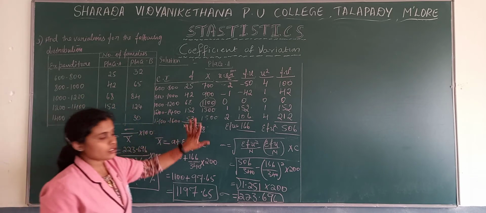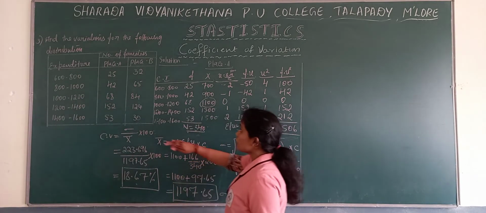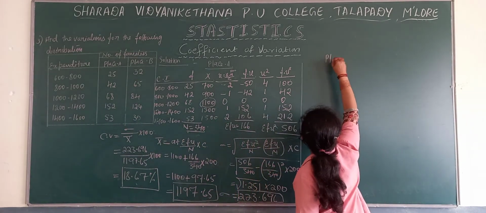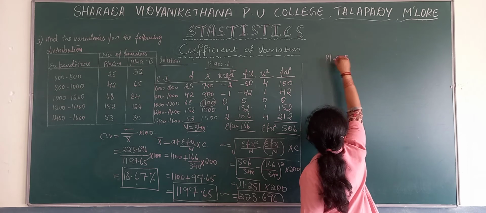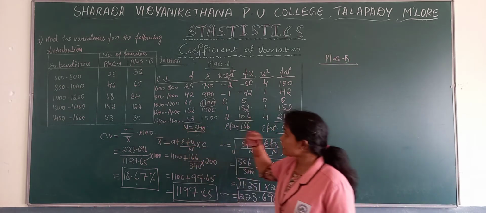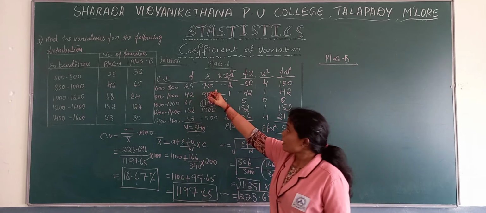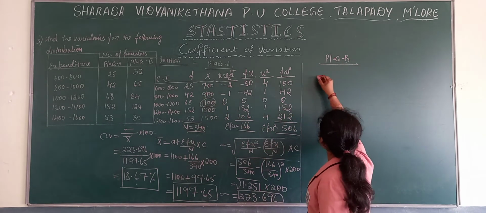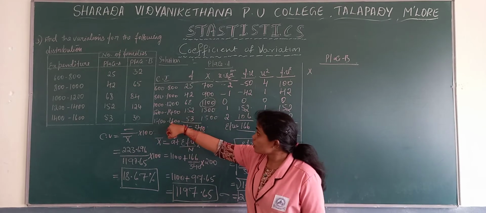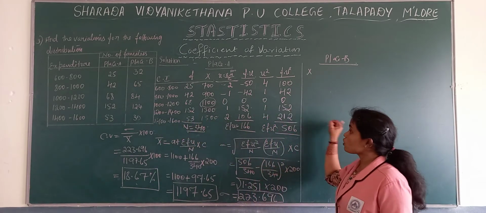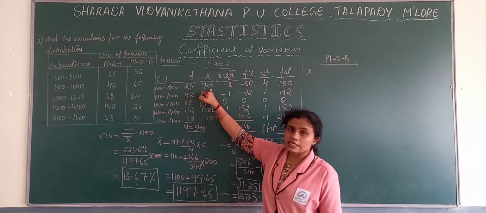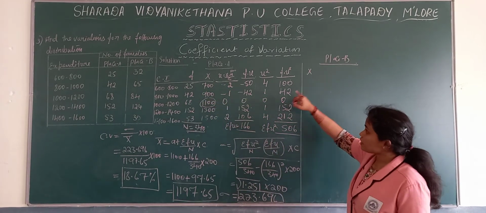Now the same kind of calculation you have to do with place B. Now take place B. No need to take class intervals once again, we have taken them. So we'll start from the X series. In your examination you have to take class intervals as well as frequencies in both tables. Here I'll directly take it from X and then the frequencies.